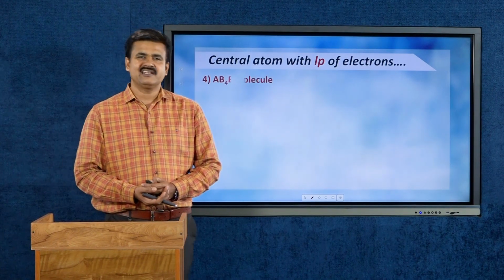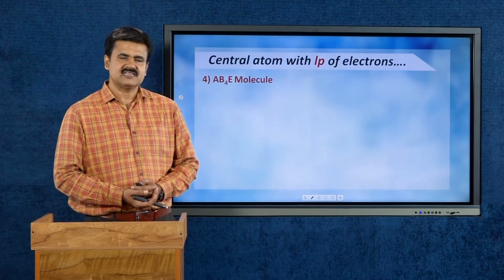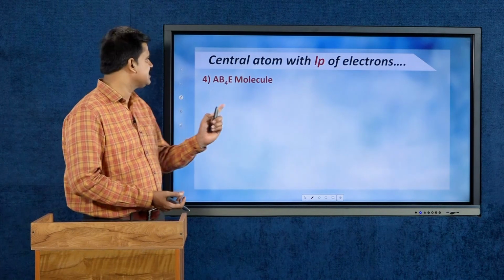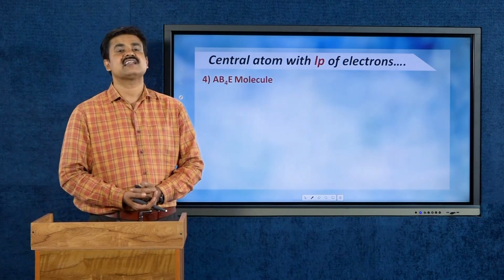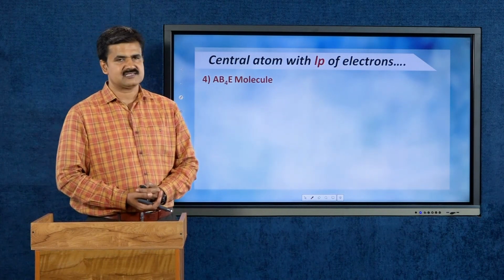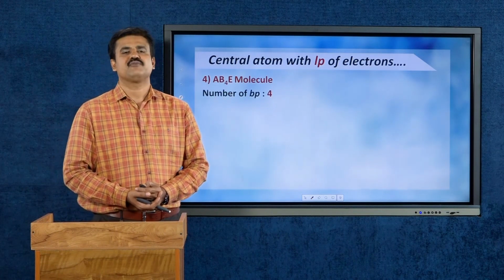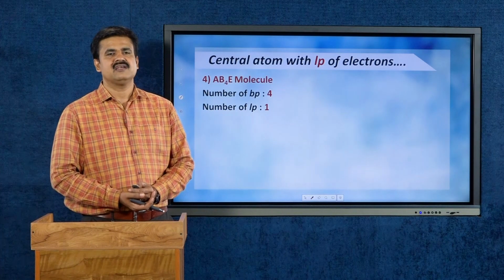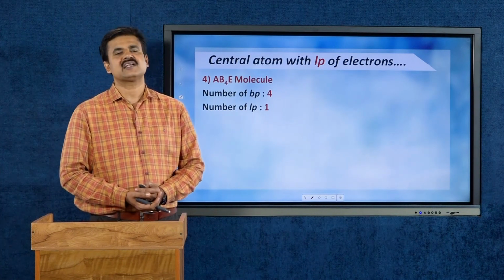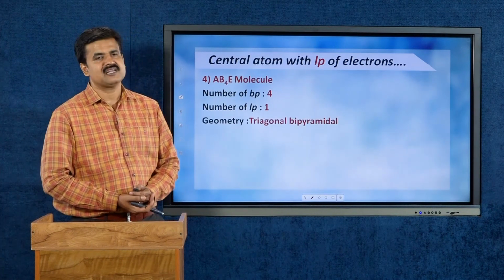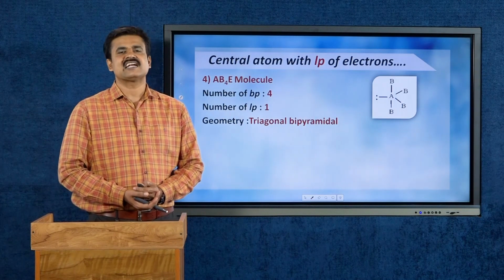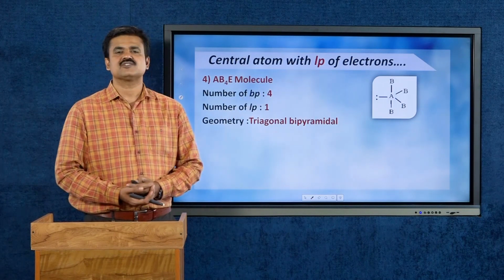Now another category of molecule with a lone pair of electrons on the central atom is AB4E. Here there are a total of 5 electron pairs, 1 lone pair and 4 bond pairs. So 5 electron pairs take the fixed geometry of trigonal bipyramidal. In the trigonal bipyramidal geometry, you can see the presence of a lone pair.